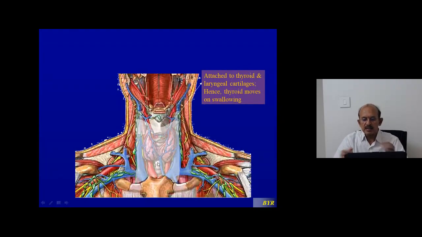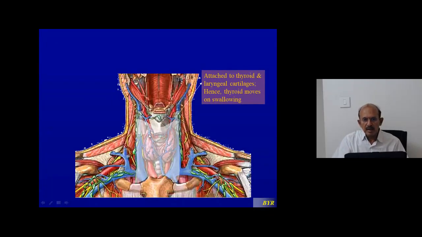Though the pretracheal fascia is split into two layers to enclose the thyroid gland, the deep layer, that is between the thyroid gland and trachea, almost gets amalgamated with the tracheal surface. That is why the thyroid has indirectly got an attachment to the trachea.